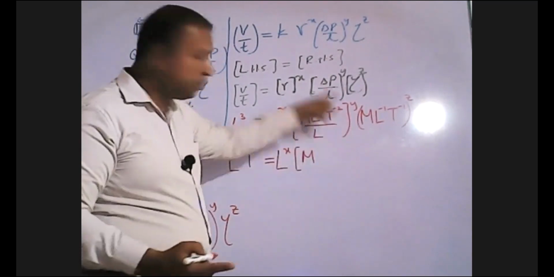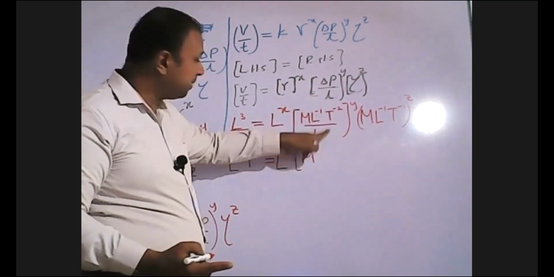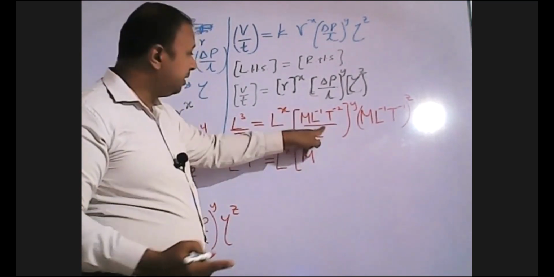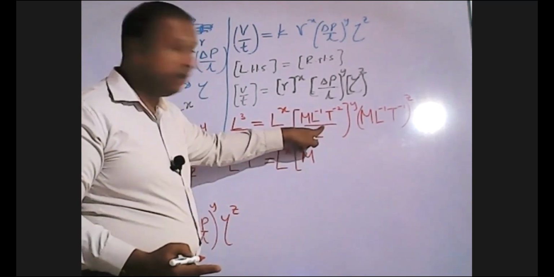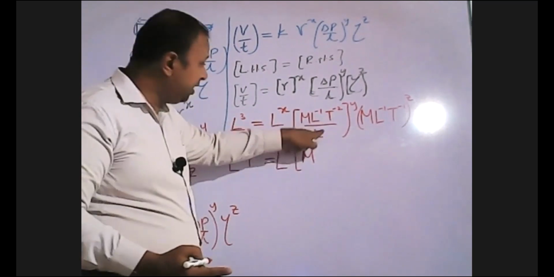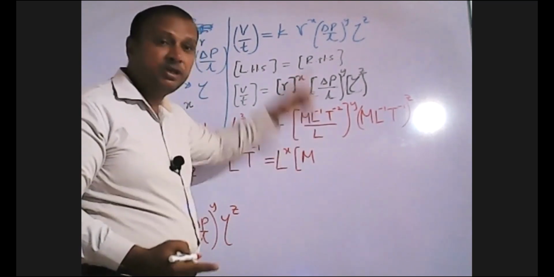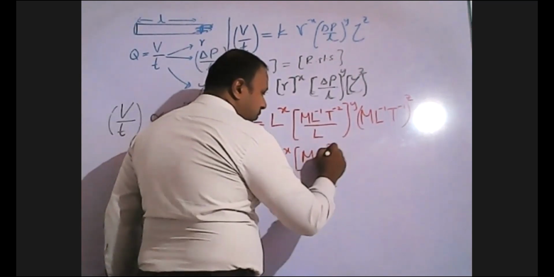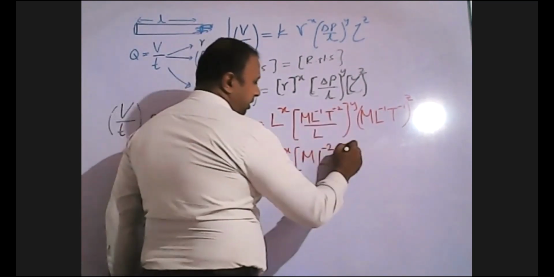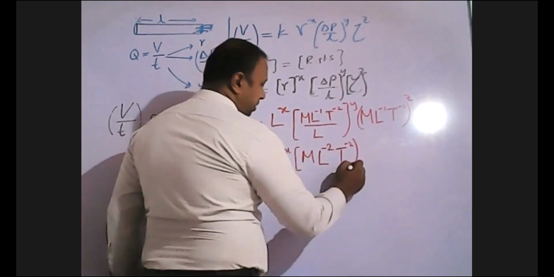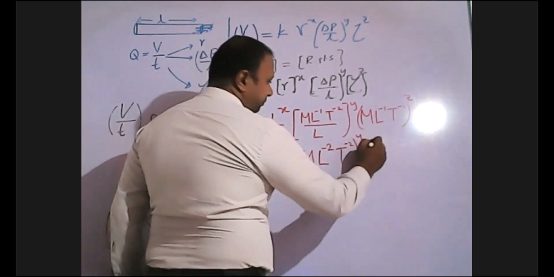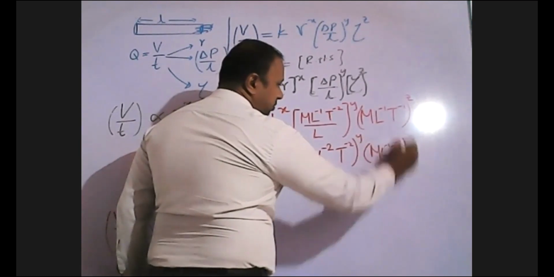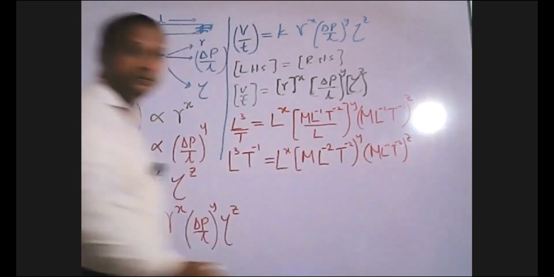I have to bring this one into the numerator, and once I bring that L into the numerator, the power will be minus 1. So minus 1 means minus 2. So L to the power minus 2 here, T to the power minus 2 here, into Y. M L minus 1 T minus 2 to the power Z.